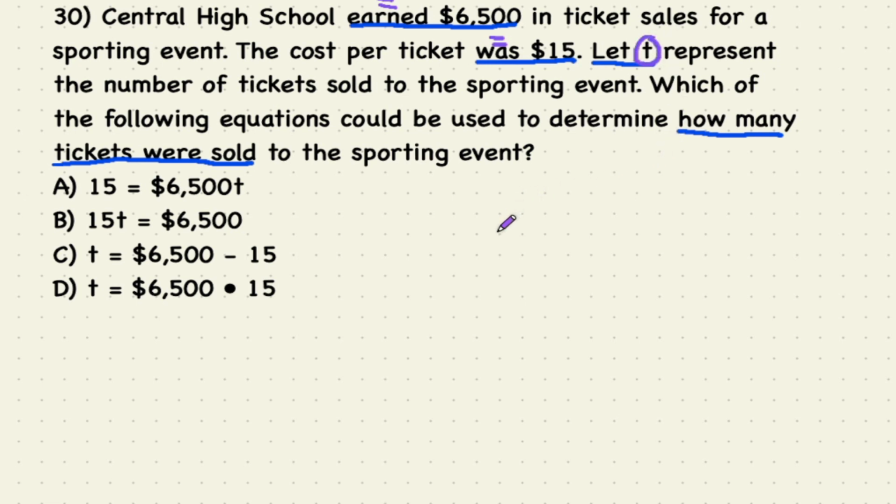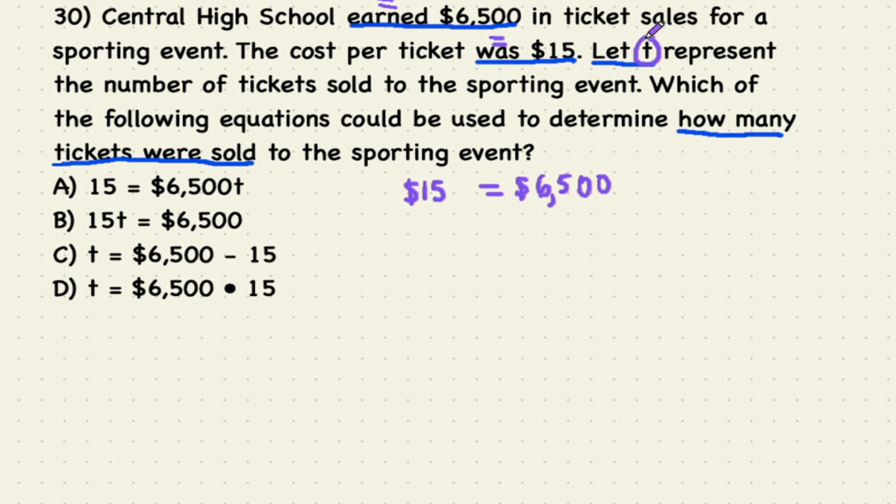So let's go ahead and set this up. We have earned $6,500, so we'll place equals $6,500. Then we know that the cost per ticket was $15, so we're going to place $15 here. But then we need to find out how many tickets were sold.